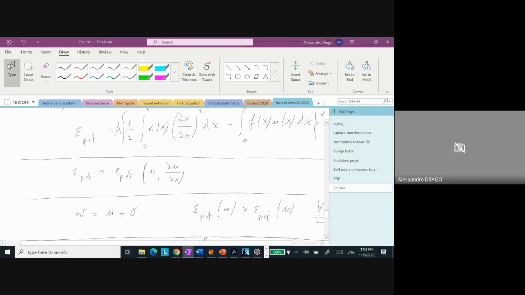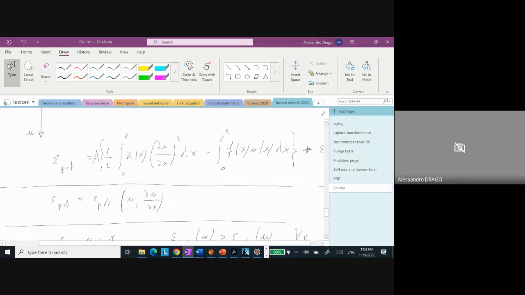Okay, the potential energy is what is written here. And now what I am discussing are time independent problems. So for time independent problems, what I have demonstrated is that the solution of the differential equation gives a u which minimizes this potential energy.